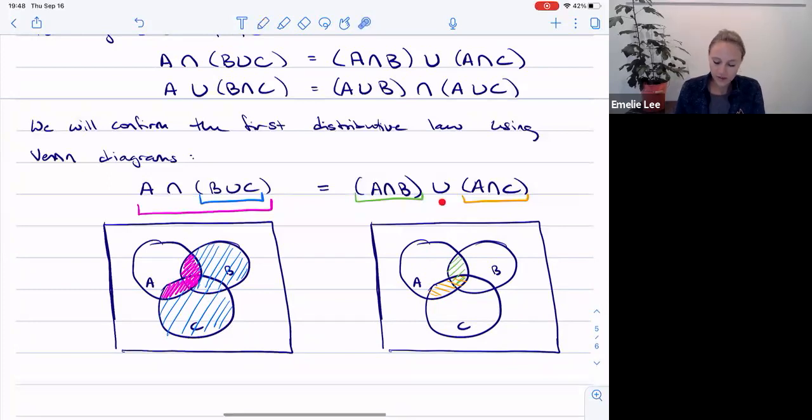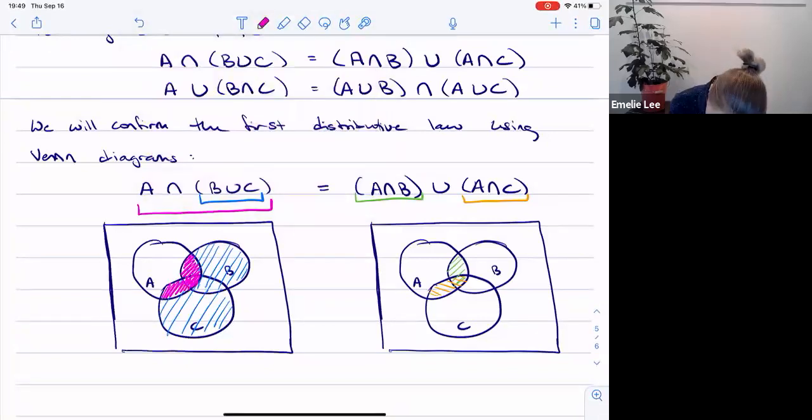So now when I look at the or, right, that's the green region or the orange region, which is the same as the pink region over here.